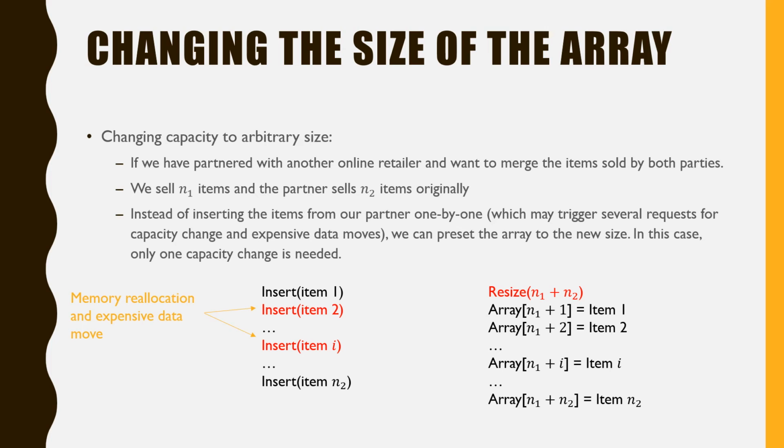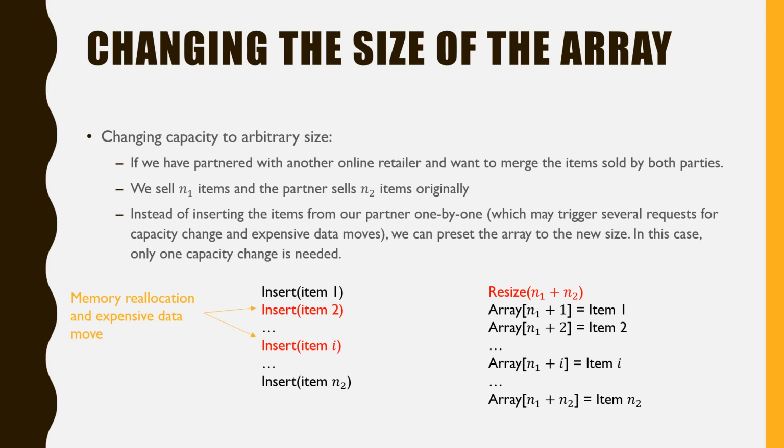Consider another scenario, if we are merging our business with another partner. Originally, we sell N1 items and our partner sells N2 items, and assume that no items overlap. Now, we want to store the N1 plus N2 items in a single array. The simplest way to merge the items is to insert each of the N2 items sold by our partner into the existing array.